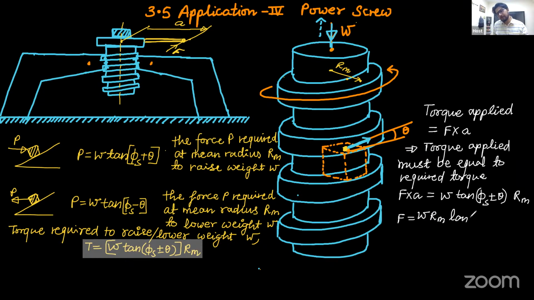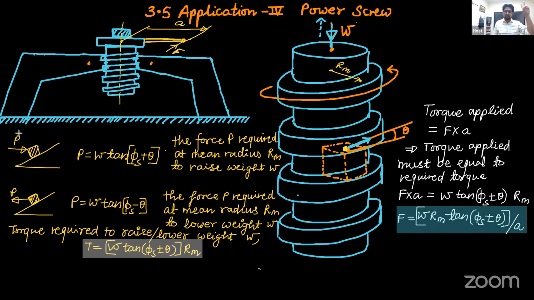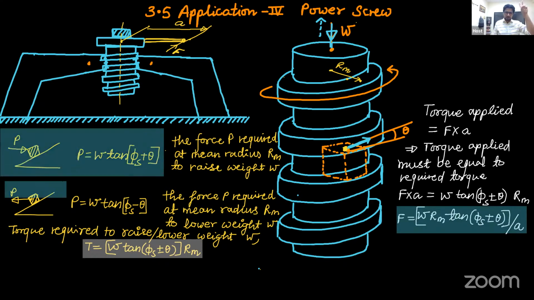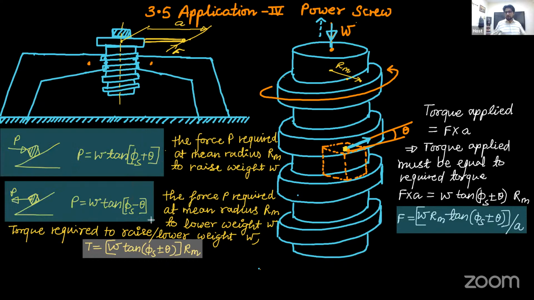W R m, and then we have tan of phi s plus or minus theta upon this total thing, upon the lever arm. I say it again, the power screw topic was over as soon as you studied these two inclined plane problems.